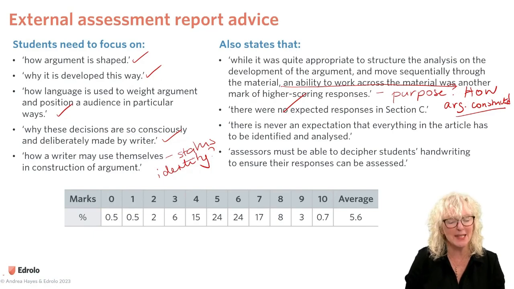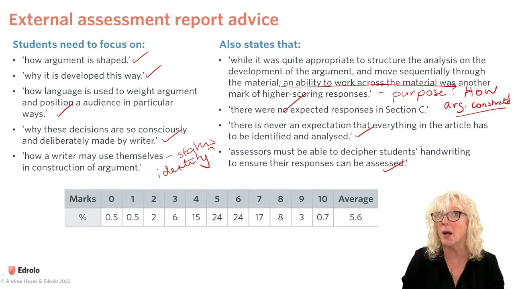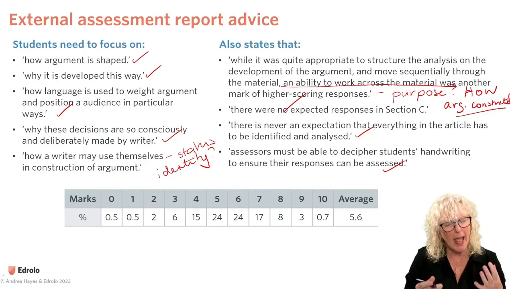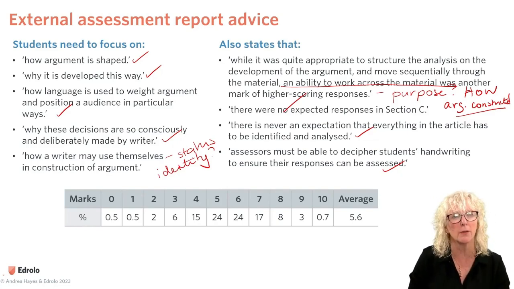Assessors must be able to decipher students' handwriting to ensure that their responses can be assessed. This, unfortunately, is becoming a little bit more of a problem. You need to look at your own handwriting very early on and figure out how you can improve it so that it is always legible if you have a problem.